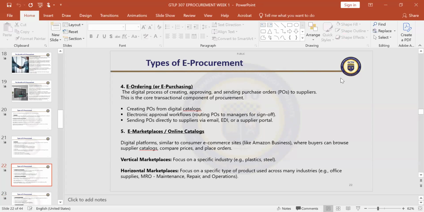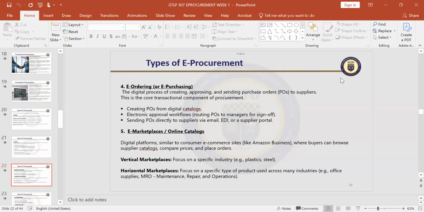Yes, you are interchanging it, right? Yes. So it should be a horizontal market because computer accessories are used across different industries. All those companies use computers. Definitely, if they want to change their computer parts, or buy computer cables or network cables, they will go to a horizontal market, right?